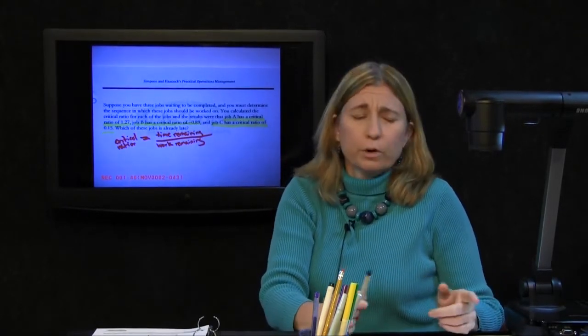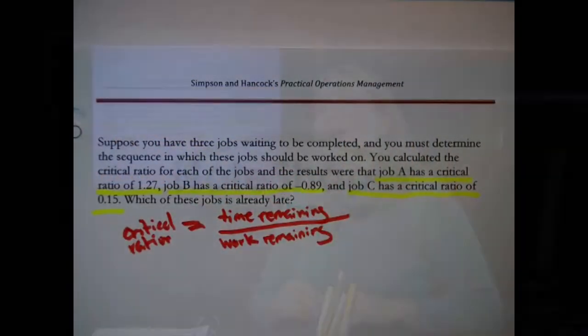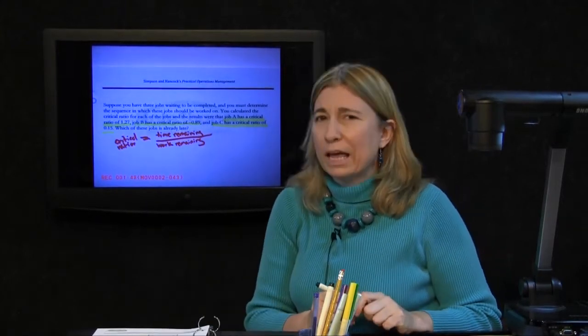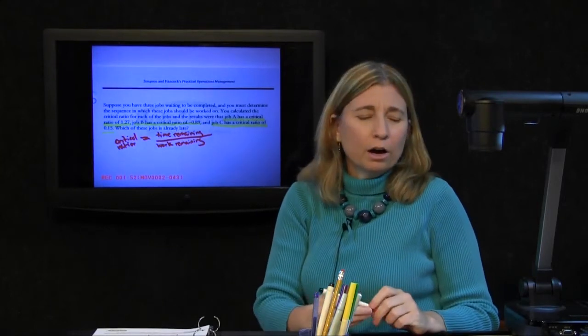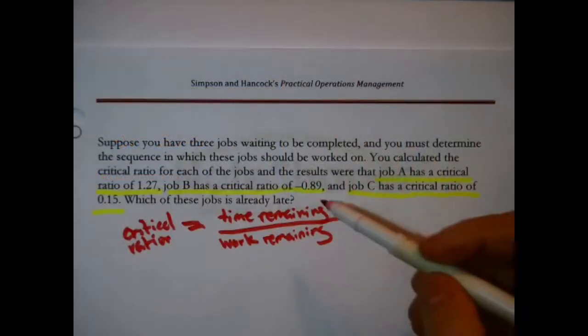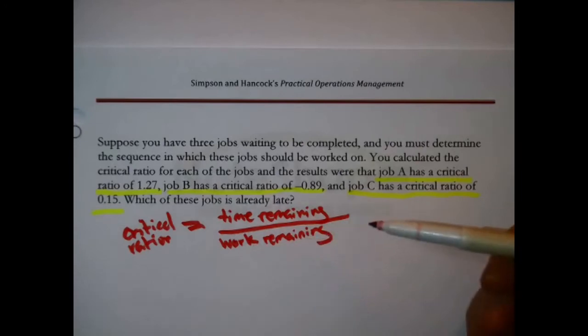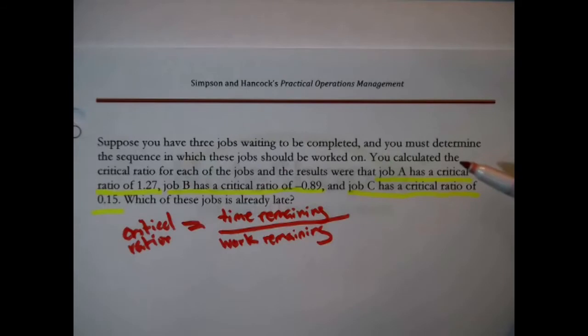Well, notice what the question is. Which of these jobs is already late? What is the signal for already late, in the context of critical ratio? Well, if critical ratio is time remaining to work remaining, it can't turn out to be a negative number from the work.